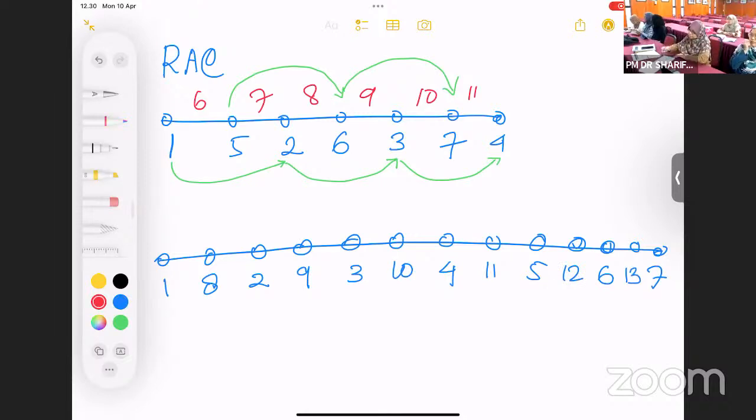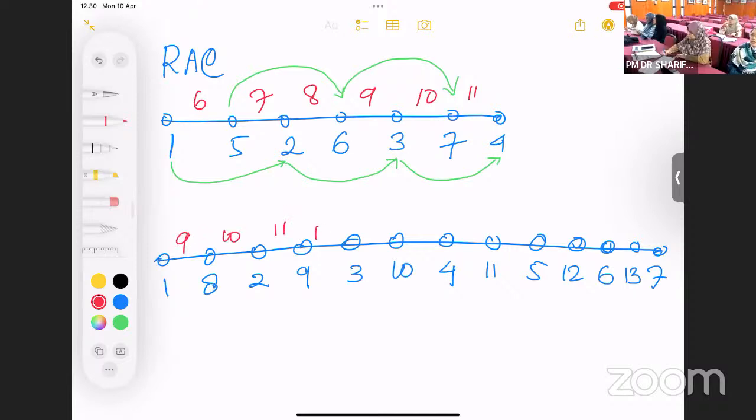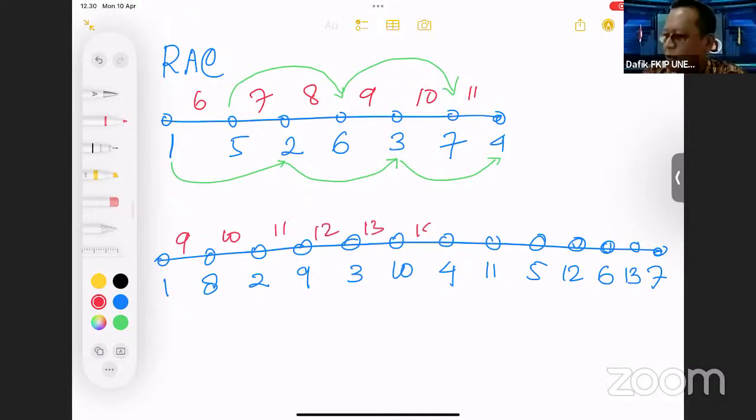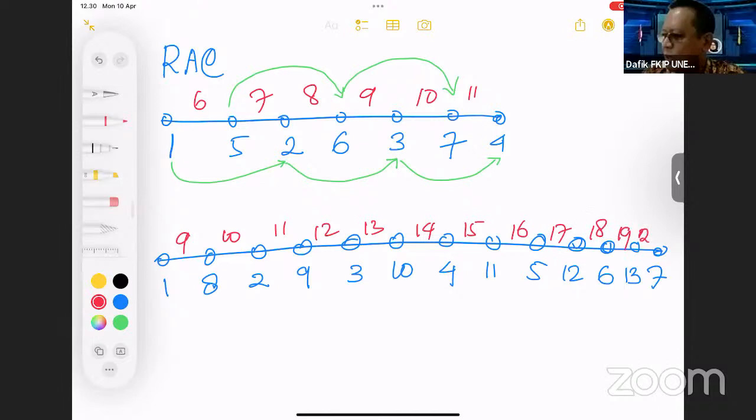It is guaranteed you will have a distinct weight for all rainbow paths. 9, 10, 11, 20, 13, 14, 15, 16, 17, 18, 19, 20. Yeah, that's it.